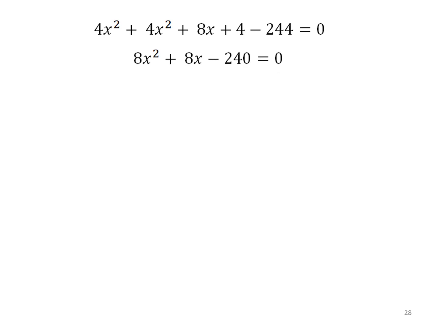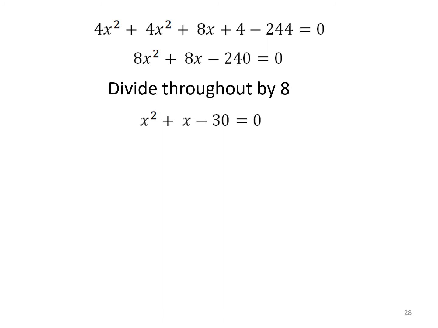If you see, the number 8 can be divided throughout. So when we divide it throughout by 8, we get x squared plus x minus 30 is equal to 0. Now here, 30 we should get as a product, and when we add or subtract, the answer should be 1.